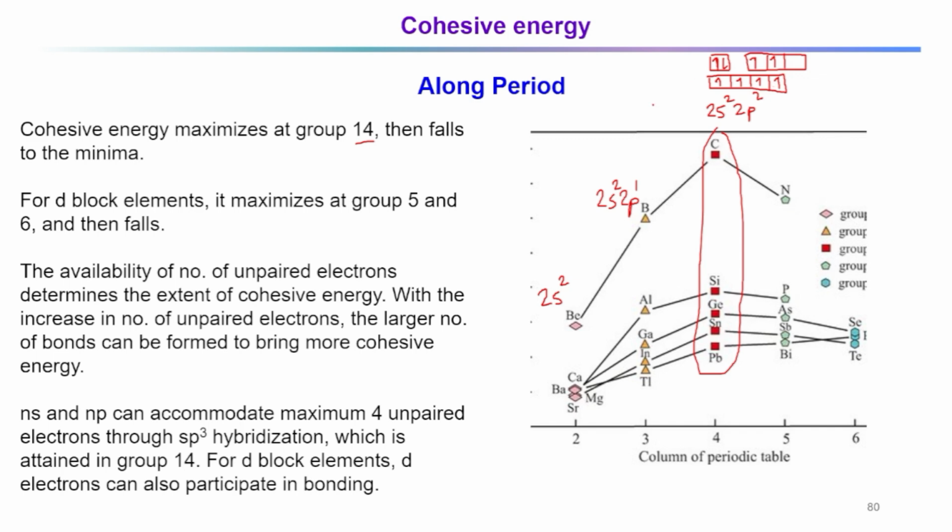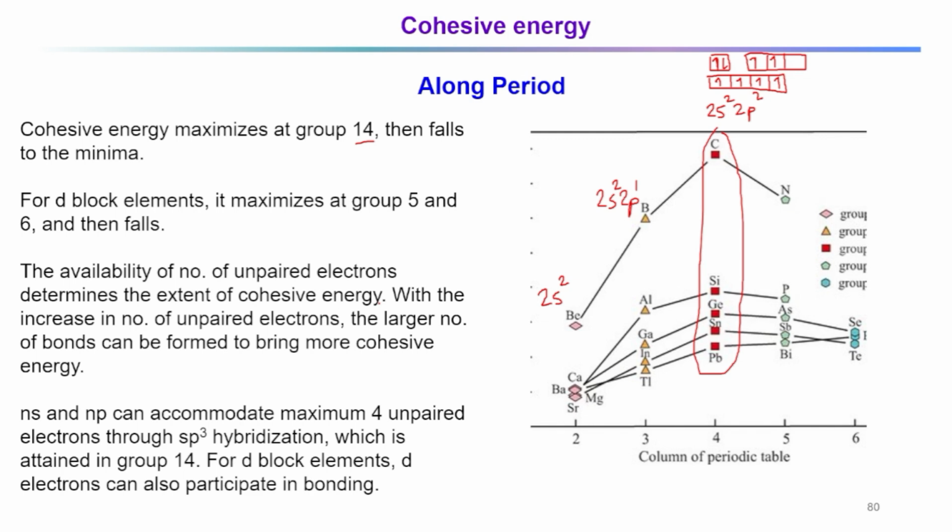So this binding increases in the case of group 14 elements because they have 4 unpaired electrons. So again, the availability of the number of unpaired electrons determines the extent of cohesive energy. If the number of unpaired electrons is more, the bonding within the same type of atoms will be more. So that's why the extent of cohesive energy will be more.